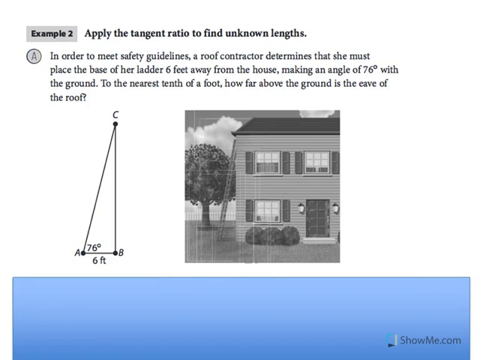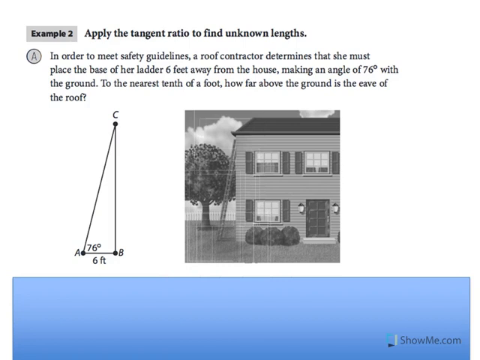Okay, so example 2, apply the tangent ratio to find the unknown side. In order to meet safety guidelines, a roof contractor determines that she must place the base of her ladder 6 feet away from the house, making an angle of 76 degrees with the ground.